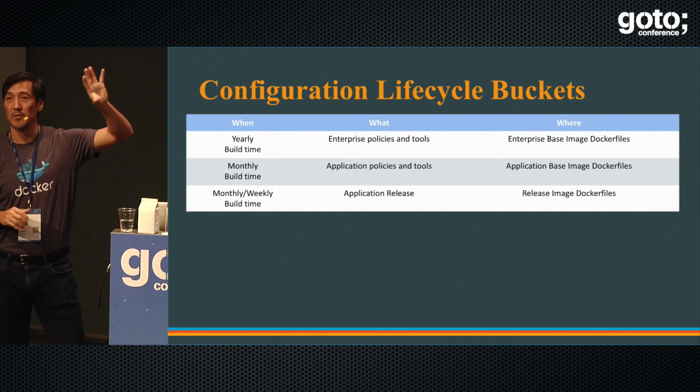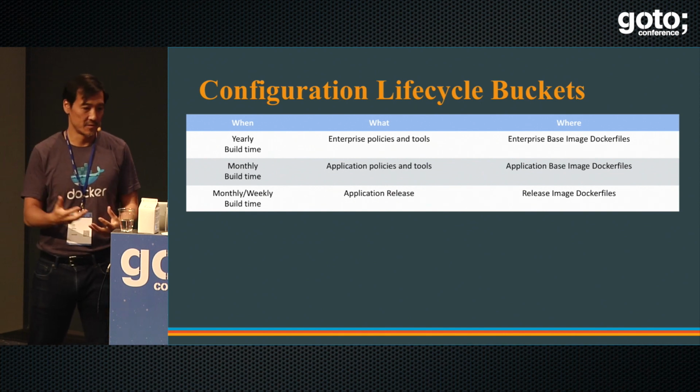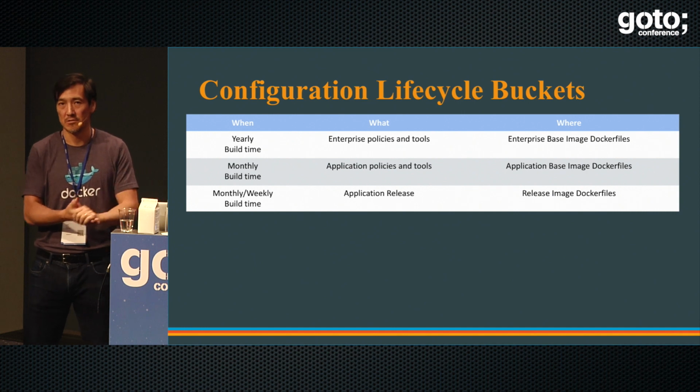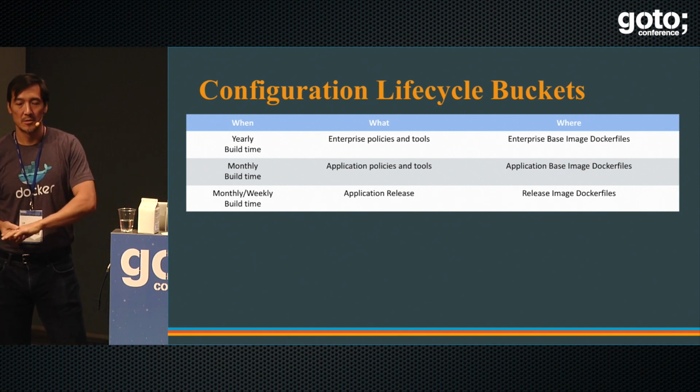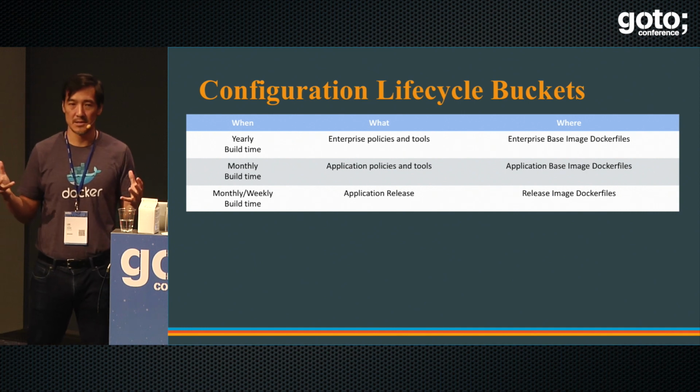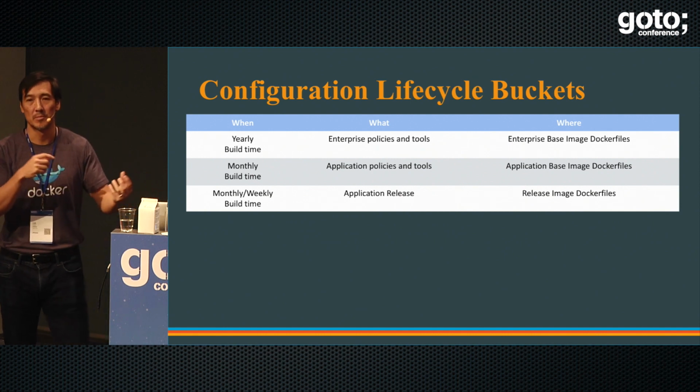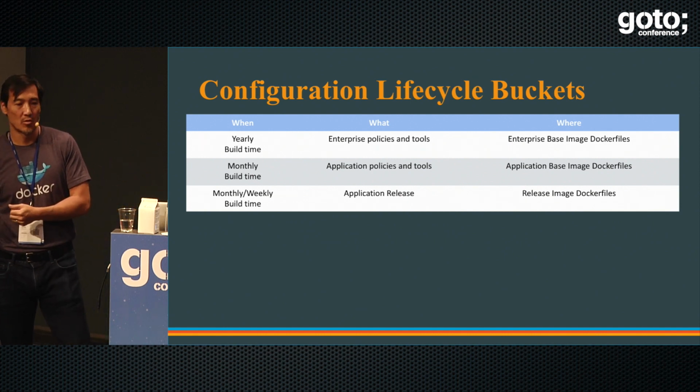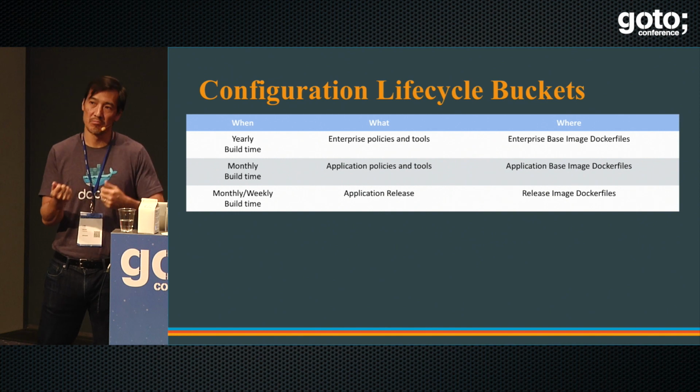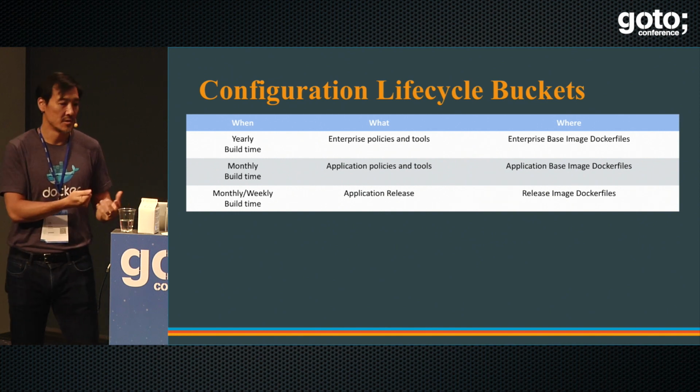So on the first type of variables, these are things that are long-lived. So stuff that will change, maybe yearly. These could be more like enterprise-type tools or policies or libraries that you want to include in a base image.